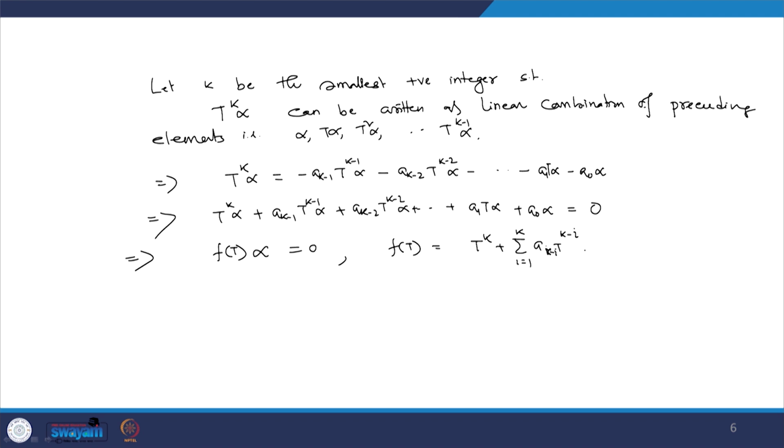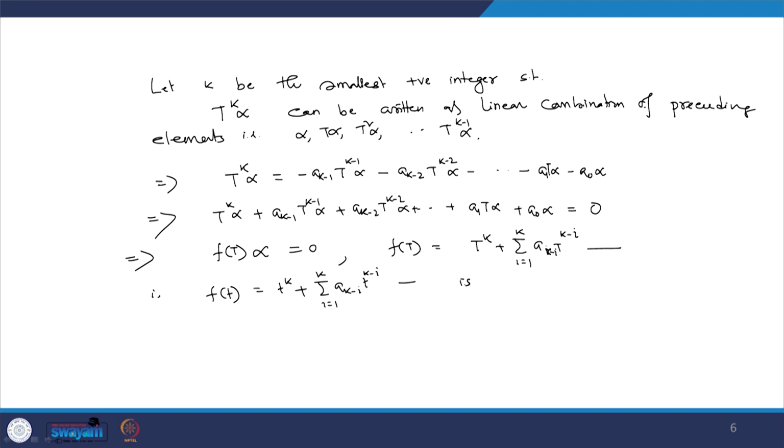So, one can write it like this: f(t) is equal to t to the power k plus the sum of a_{k-i} t^{k-i}, i equal to 1 to k.